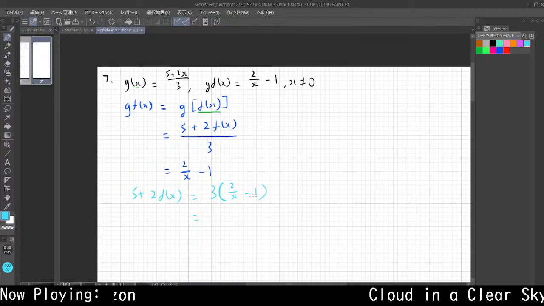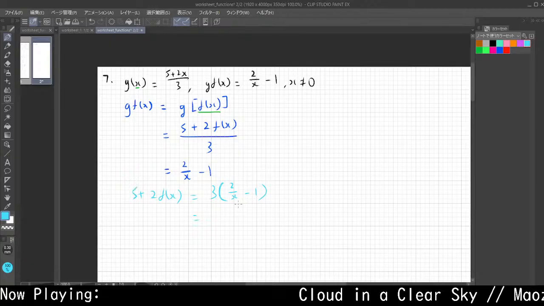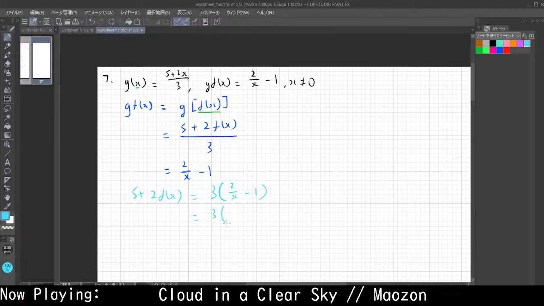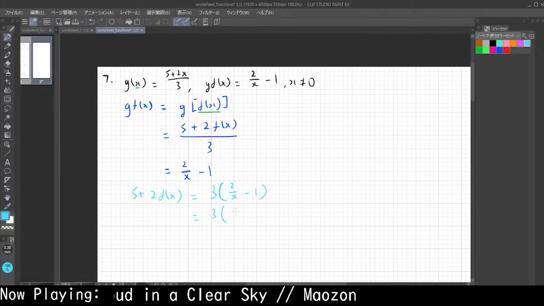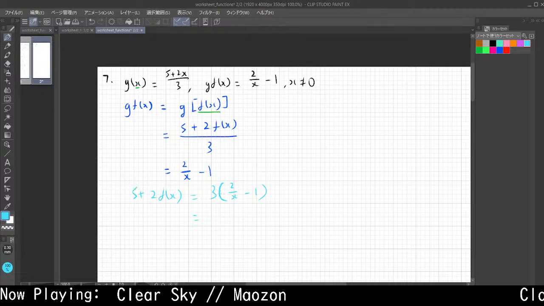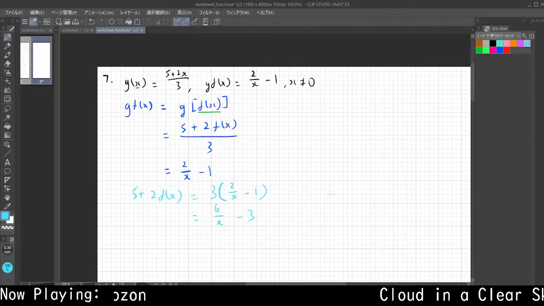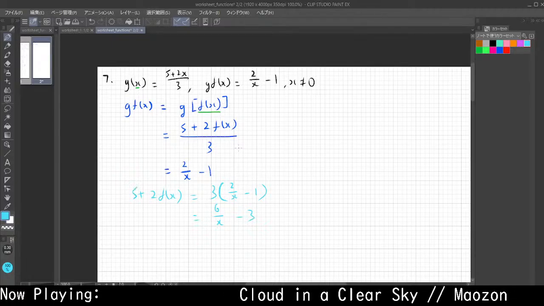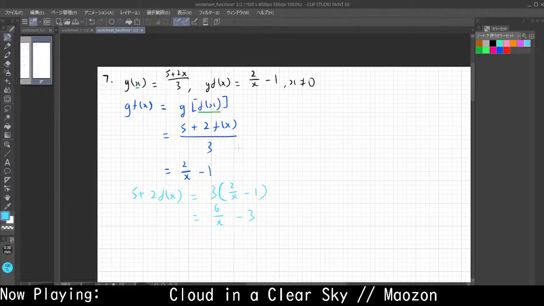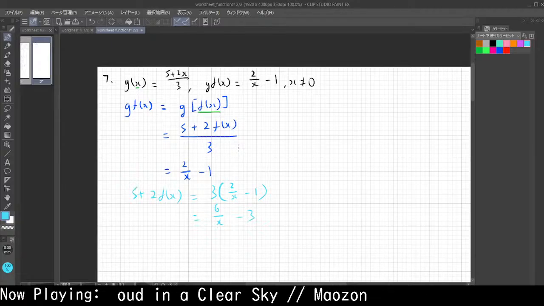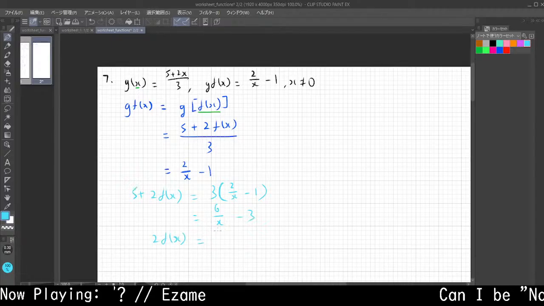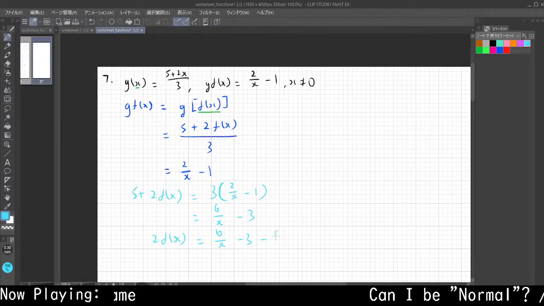If you want, you can simplify it first. Actually you don't have to. 3 multiplies into the bracket, you get 6 over x minus 3. 3 multiply 2 over x is 6 over x, 3 multiply negative 1 is negative 3. Then 5 moves over to the other side: 2f(x) equals 6 over x minus 3 minus 5.